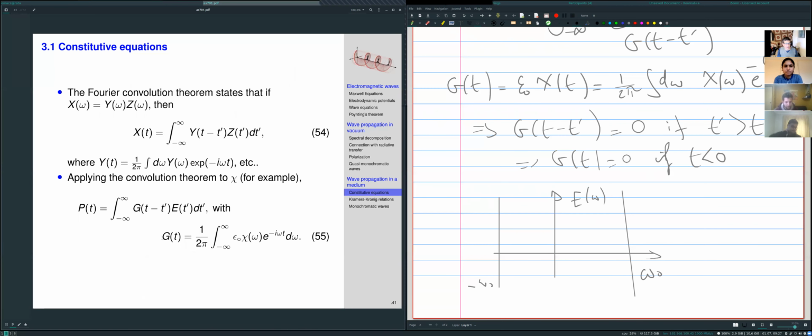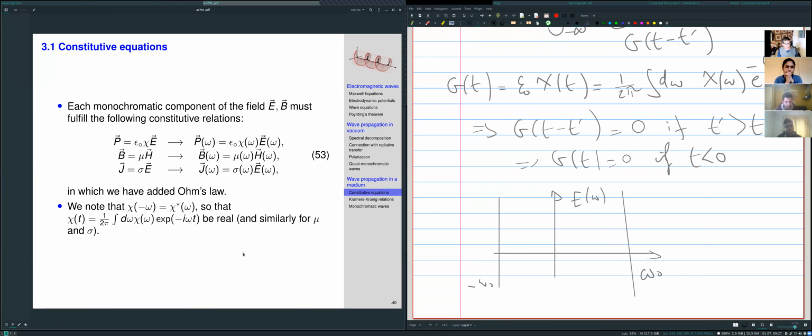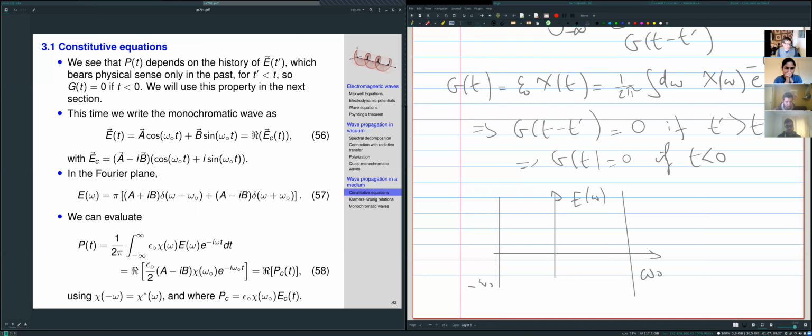Just reminding you that I'm using this expression P of omega, that would be the spectrum of P. So I'm taking the anti-Fourier transform, using this relationship for P. This would be P of omega, and I take the Fourier transform to take it back to P of t.